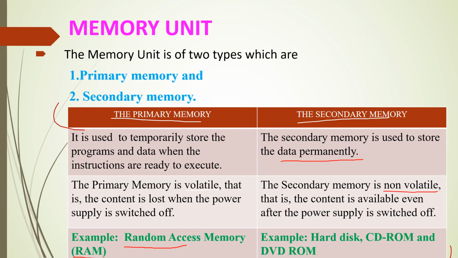Even if the power is switched off, nothing will be deleted, and the content is available once we have saved it. Examples are hard drive, hard disk, CD-ROM, compact disk read-only memory, and DVD-ROM. ROM means read-only memory. Is it clear?